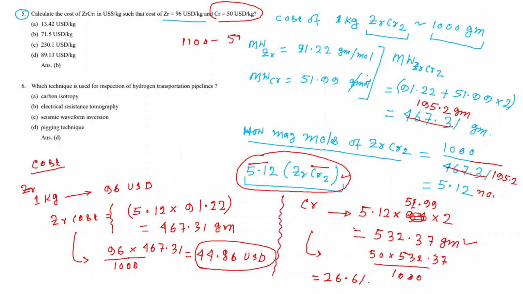So if we add the chromium cost and the Zr cost, it will come around 71.47, I mean 71.5. So our option is B.